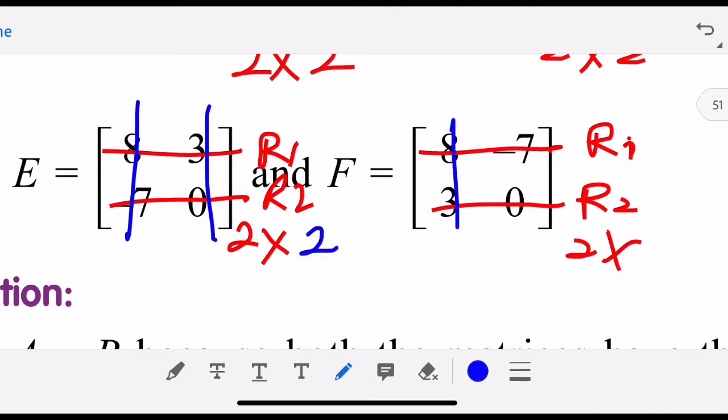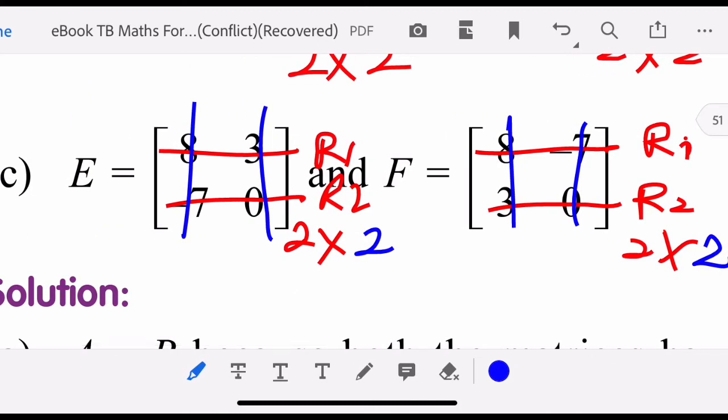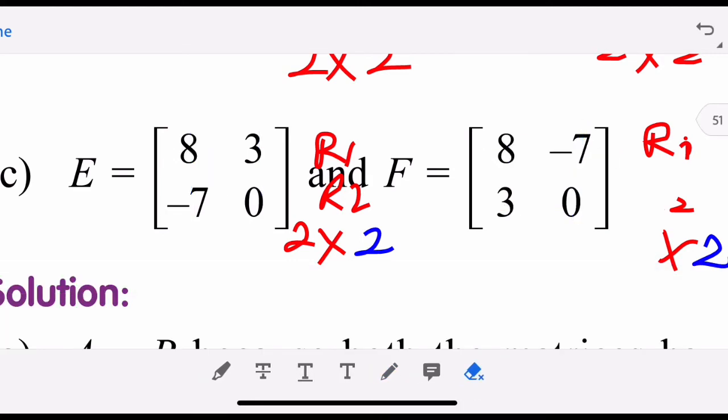This is also 2, so 2 by 2. So we can check the corresponding elements. It seems like they have the same order, but it doesn't mean that they must be equal. We have to check the corresponding elements. Let me erase so I can see clearly. It looks like the 8 is okay.